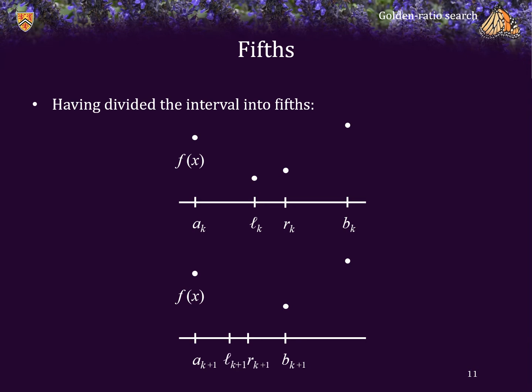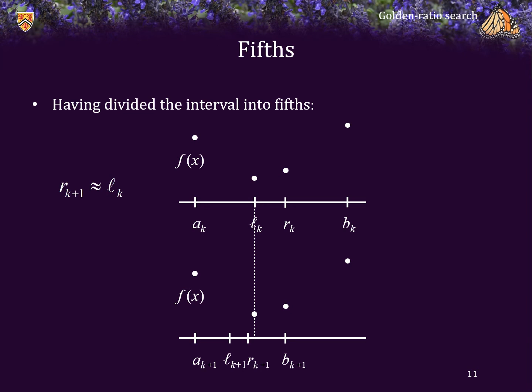We're going to do the same thing. We will divide this interval into fifths and evaluate the function at each of these two interior points. Now, notice something quite interesting. The original point L sub k is really close to the newly calculated point R sub k plus 1. So consequently, we note that R sub k plus 1 is approximately equal to L sub k.